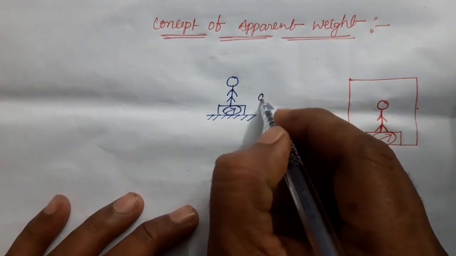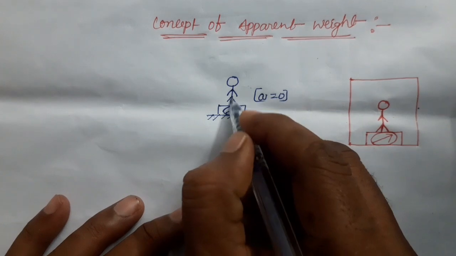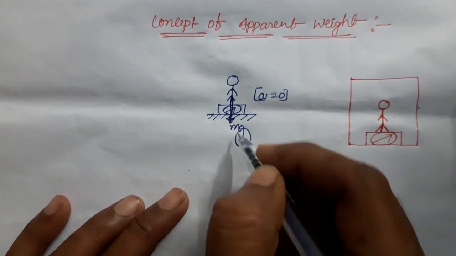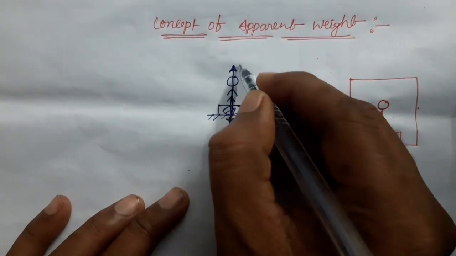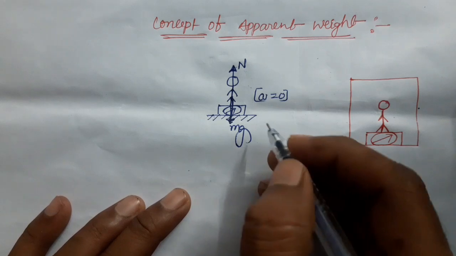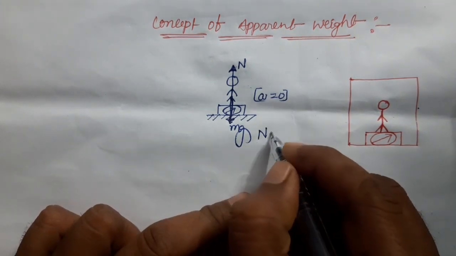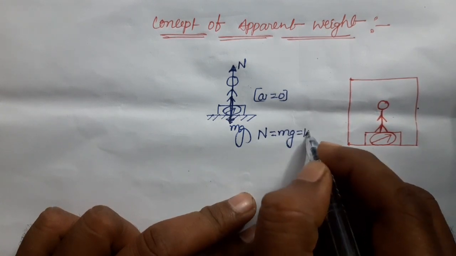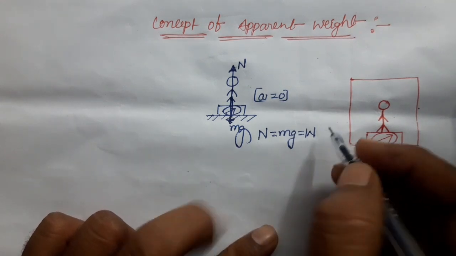In this instance, acceleration is equal to 0, and due to gravitational attraction of the earth, the weight of this person acts vertically downward and the normal reaction acts vertically upward. According to Newton's second law, we write the normal reaction N is equal to mg. It is equal to his true weight, students. What is that? True weight.